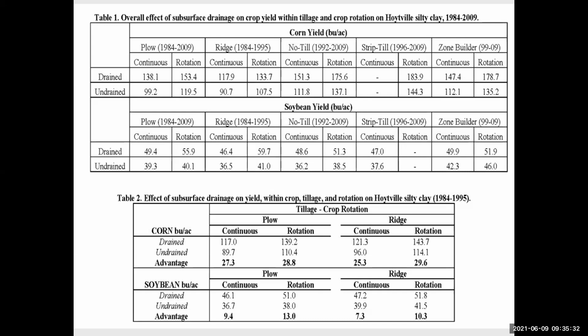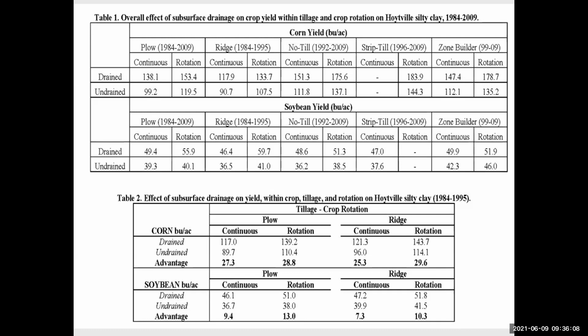So you can see under those various treatments what the yield advantage is, and in every case there is a yield advantage over the undrained conditions at that site, and that's a Hoytville silty clay soil. And the plots were slightly crowned, so we did not completely eliminate the surface drainage component, but it was nearly done if the plots are maintained properly.